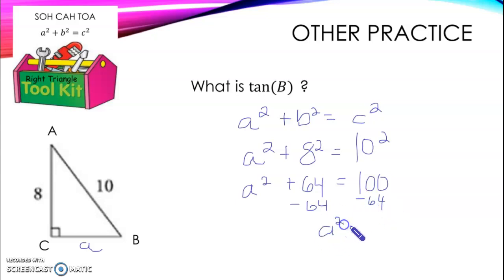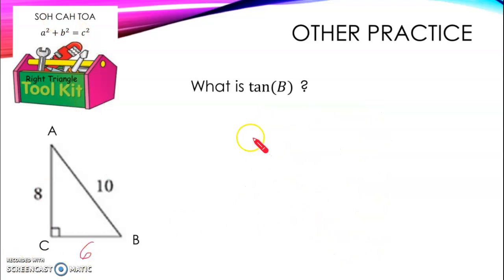A squared is going to equal 36. And then we take the square root of both sides. The square root of 36 is 6 in this case, technically plus or minus 6, but we're going to use the positive version of that. So now we know that A is actually 6.